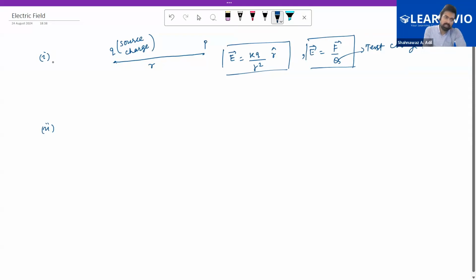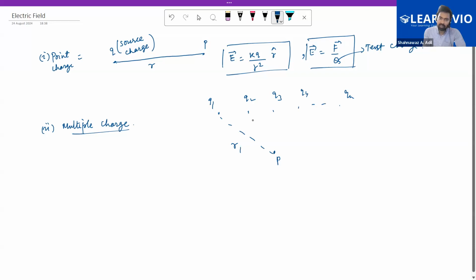If we have multiple charges, then what is the electric field? Let's say we have Q1, Q2, Q3, Q4, and so on up to Qn. We are calculating the electric field at this point. These would have some distances, R1, R2, and so on.